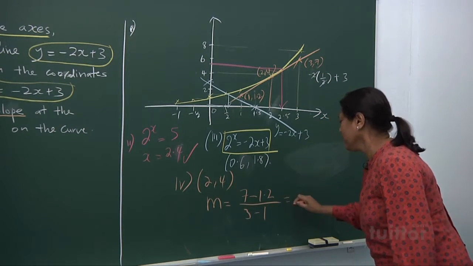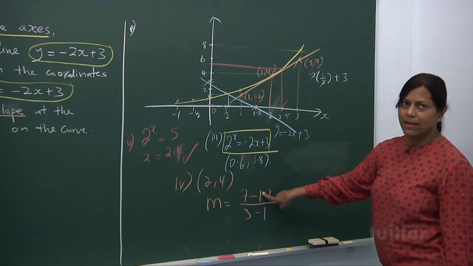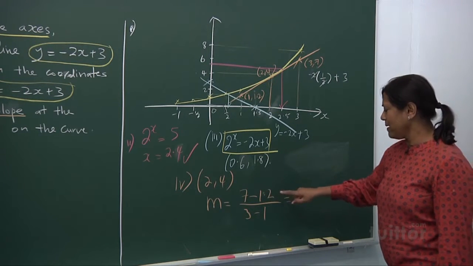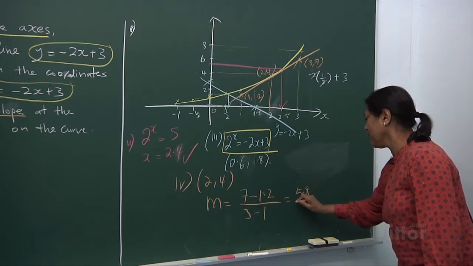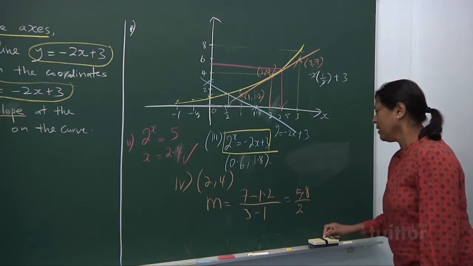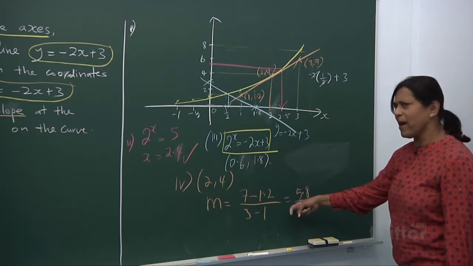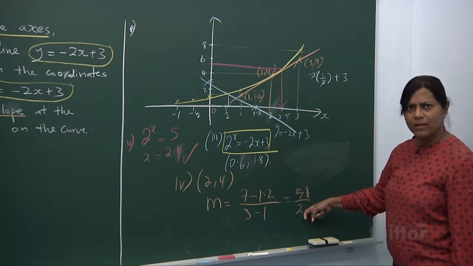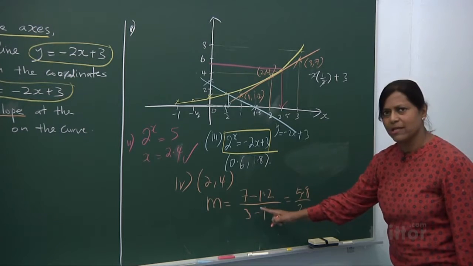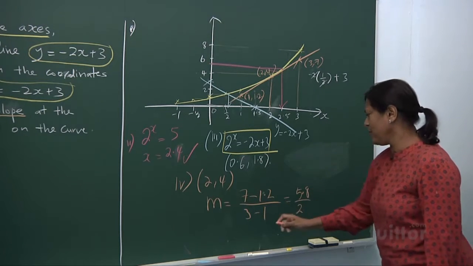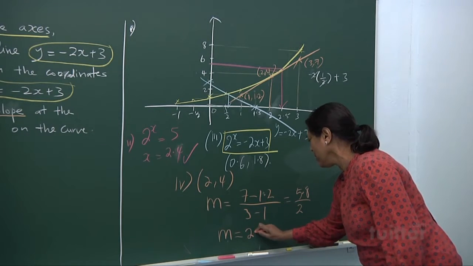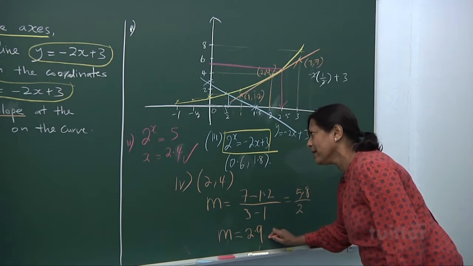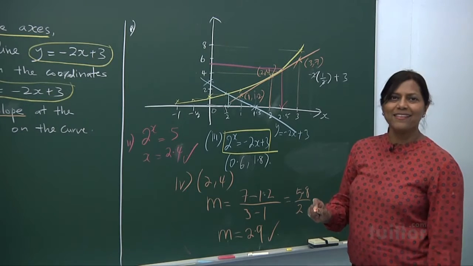Now what you get, here it's 7 take away 1 is 6, and you minus 0.2 out of it, you get 5.8 over 2. Isn't it very much easier when you divide by a whole number below? You see that's why I wanted the x to be a whole number. And when you divide, you can see that the gradient, 5.8 divided by 2, is 2.9 at this point.